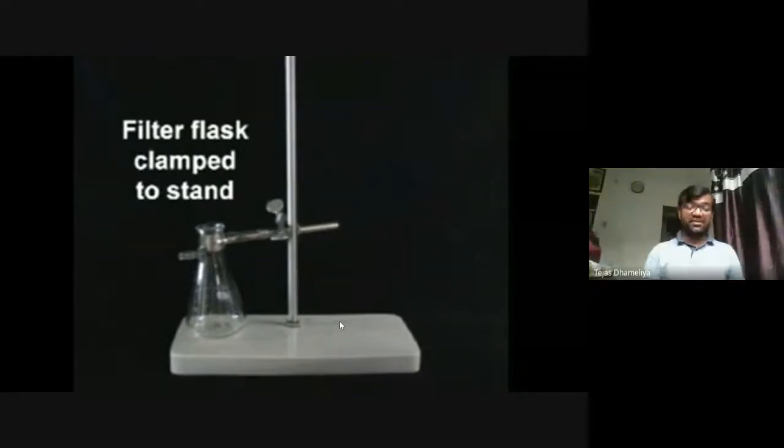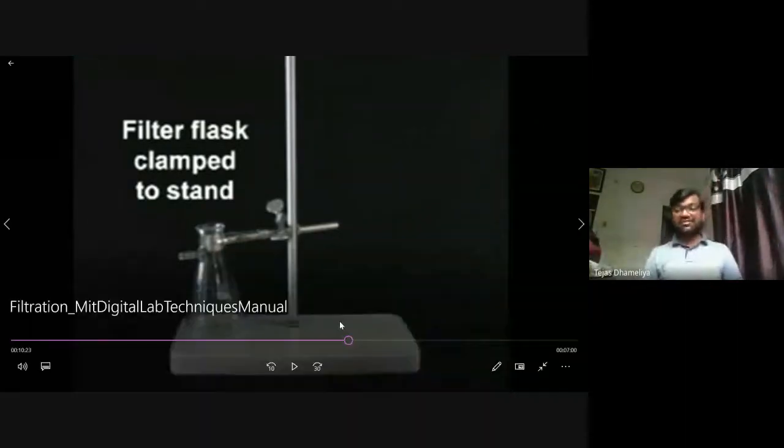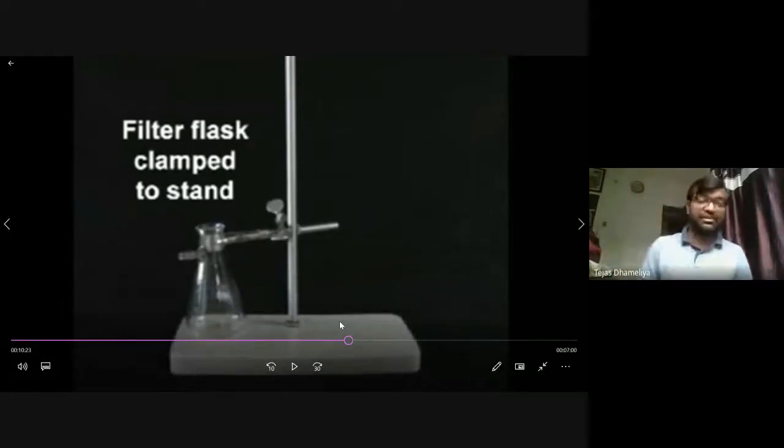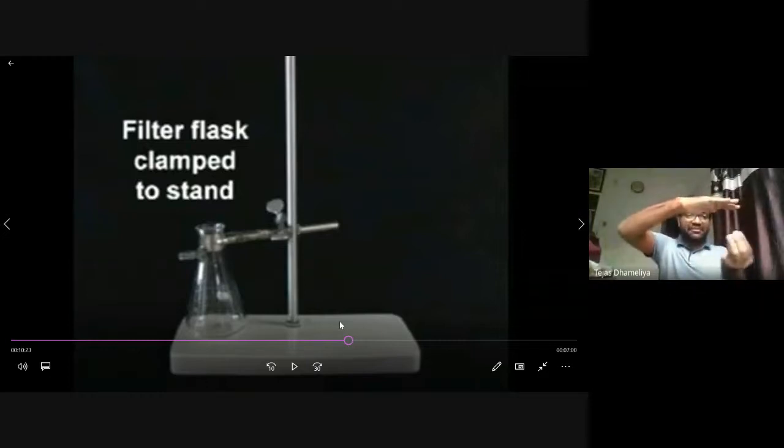There are two things in the vacuum pump when we are doing vacuum filtration. You must have studied pressure in pharmaceutics during your B.Pharm. Whenever we have filter paper and we increase the pressure above it, the rate of filtration increases. And if we decrease the pressure below the filter paper through the vacuum, the rate of filtration also increases.